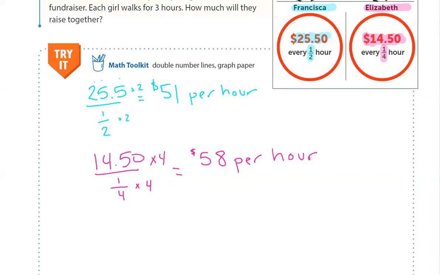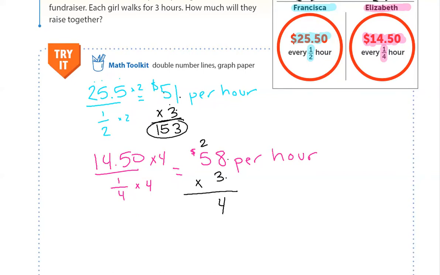But we want to know how much per 3 hours. So I'm just going to multiply times 3. That's going to be 3 times 1 is 3. 3 times 5 is 15. So Francisca is raising $153. And again, we want to know for 3 hours. 3 times 8 is 24.